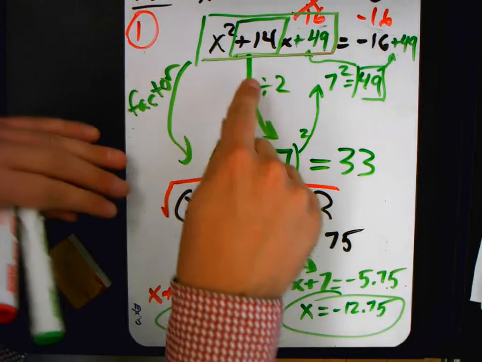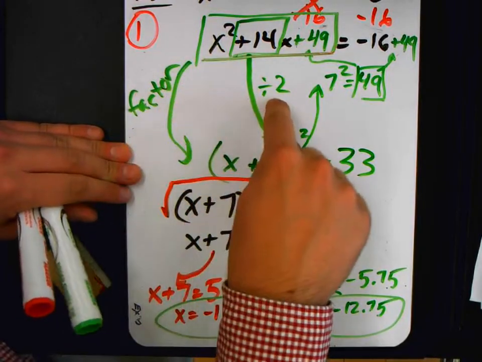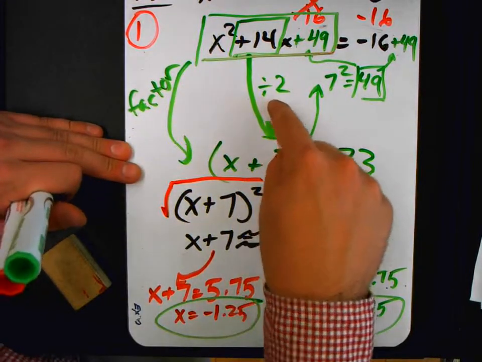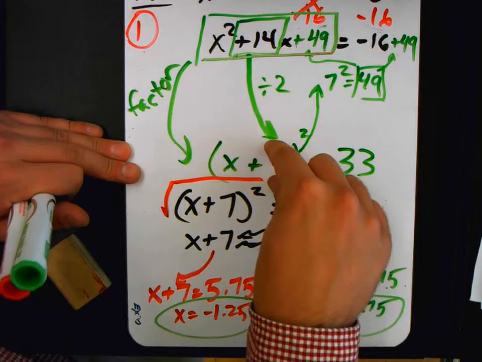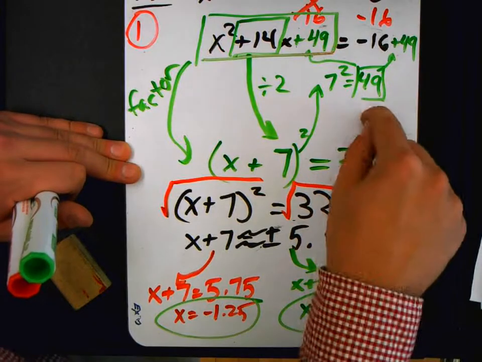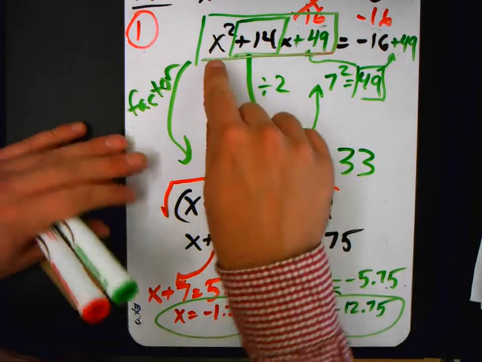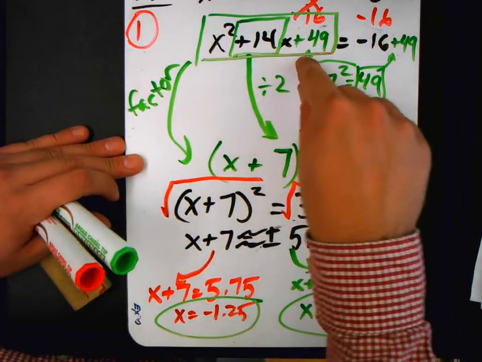So when completing the square, you take your middle term, divide by 2. Whatever number you get from there, you square it. Then that number you add to both sides of the equation. This creates the expression x squared plus 14x plus 49.